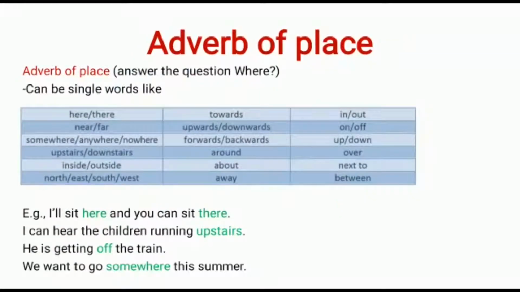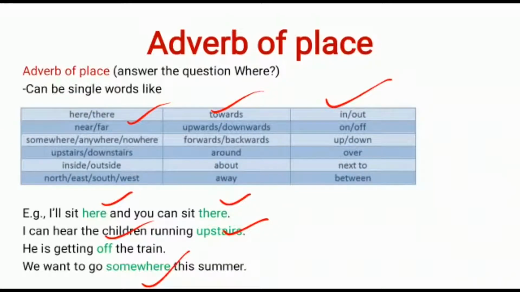Now let us understand adverb of place. Now adverb of place inform us where the action took place. Here is the list of commonly used adverb of place, and in all these examples you can see how the highlighted words here, there, upstairs, off, somewhere are informing us about the location where the action is being carried out.